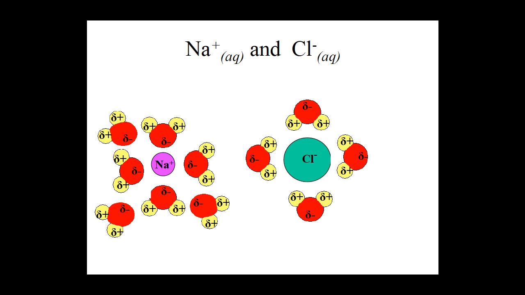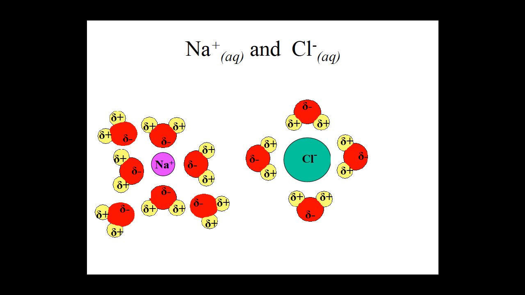In fact, water, as the primary solvent of life, is as such because it has a positive and negative pole that allows it to dissolve all sorts of things. In this image, we can see sodium and chloride are each being surrounded by water molecules. The negative pole of the water is attracted to the sodium, and the positive poles are attracted to the negatively charged chloride anion.